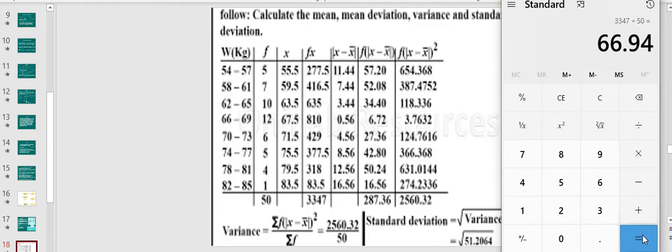Okay, 66.94 is the mean of the given set of the data.